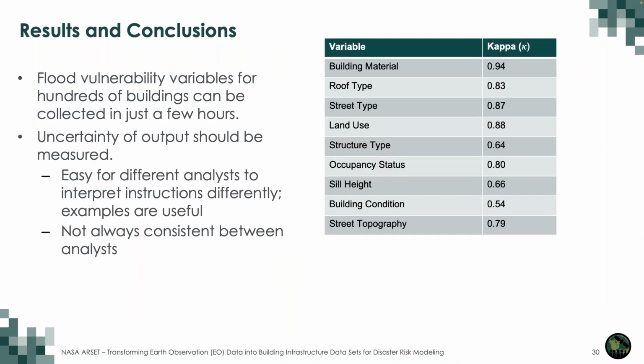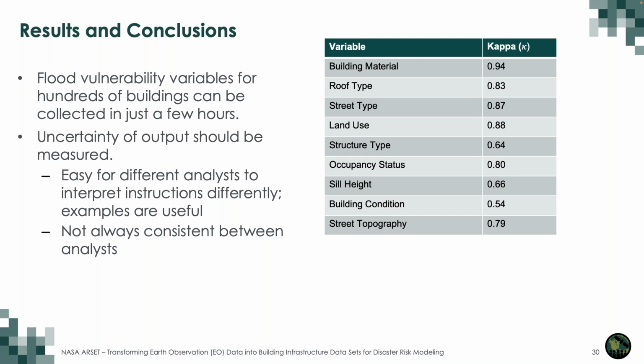So what we found was that flood vulnerability variables for hundreds or even thousands of buildings can be collected quite rapidly once you're set up and running. We've used this approach for other validation techniques and even done something on the order of 10,000 images looked at by 3 separate analysts.